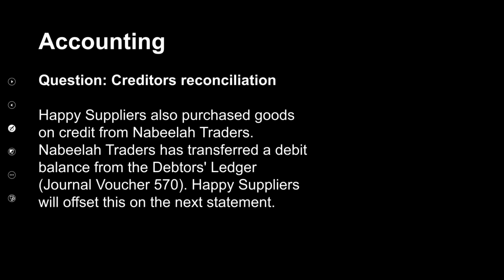Happy suppliers also purchased goods on credit from Nabila Traders. Nabila Traders has transferred a debit balance from the debtors ledger, voucher number 570. Happy suppliers will offset this on the next statement.